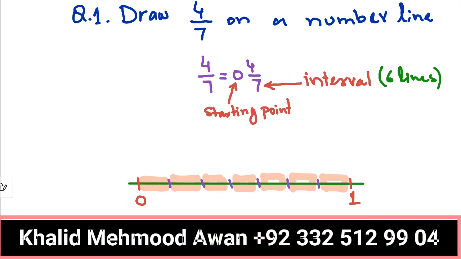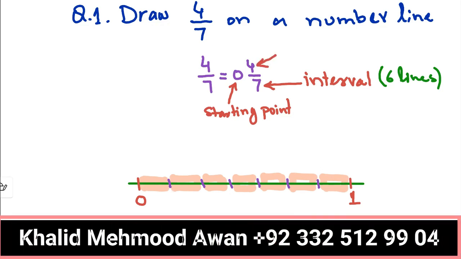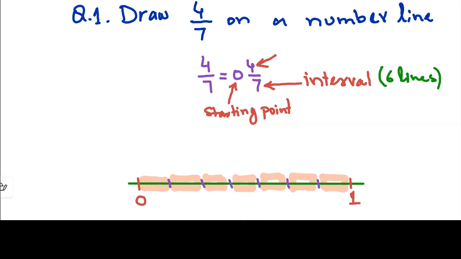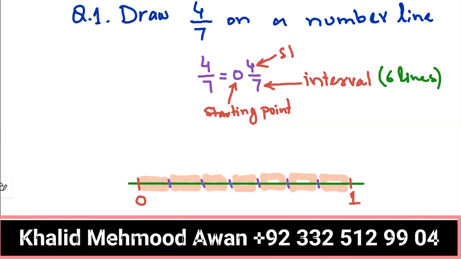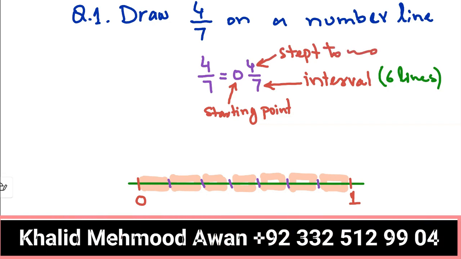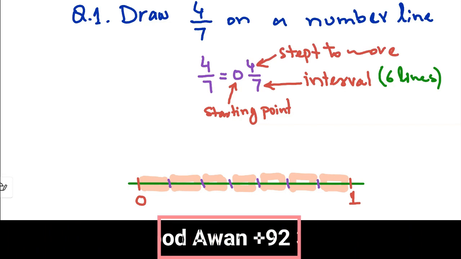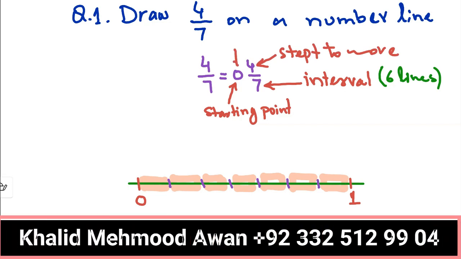Now, number 4, this point 4, which is the numerator, it is describing how many steps to move. Steps to move is described by the numerator. So now we are moving 4 steps from the starting point, which is 0.